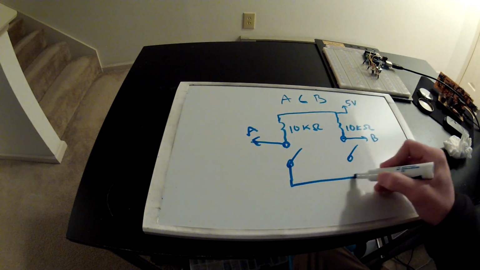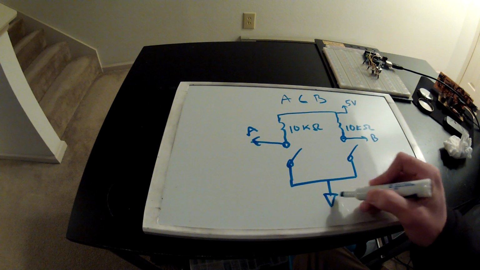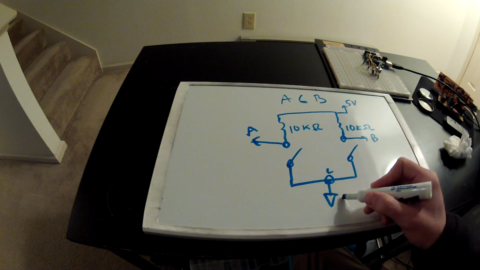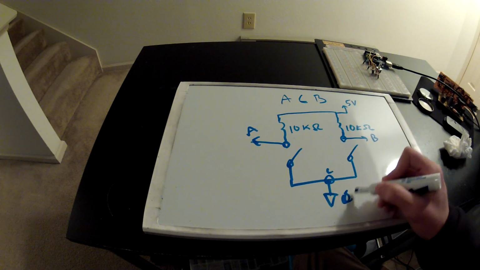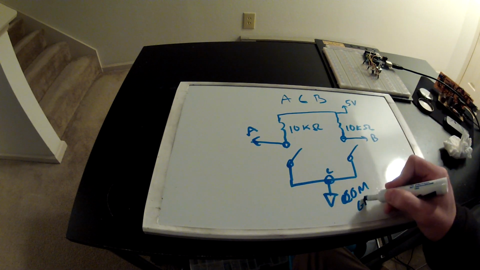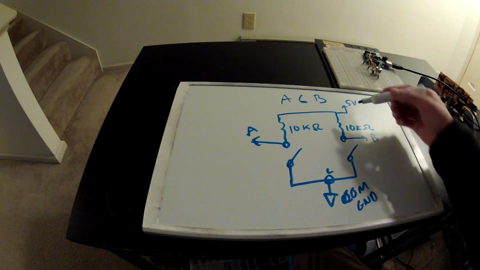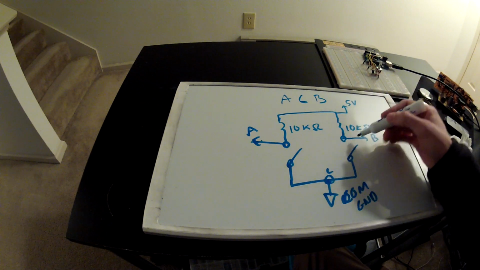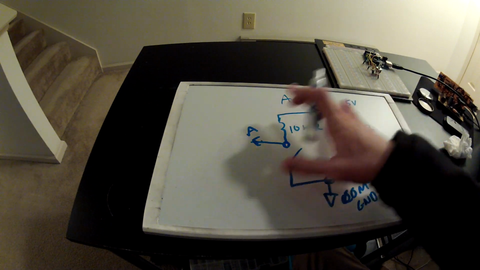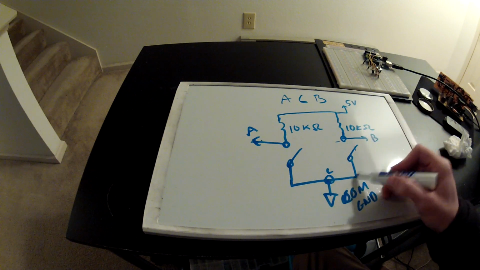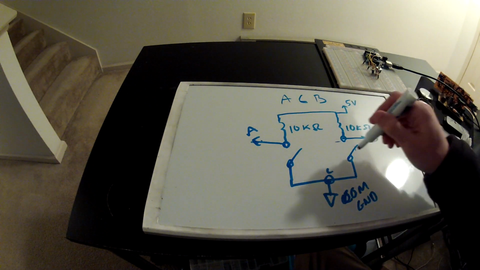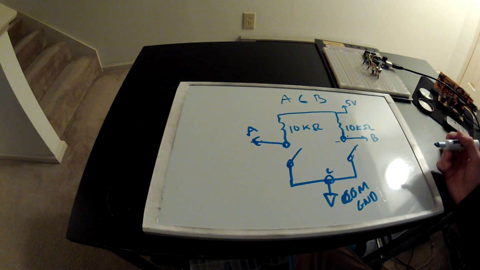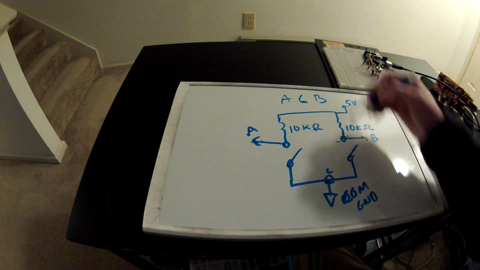Both switches connect to pin C, which would be wired up to the common pin on your Arduino, or ground. So basically your outputs B and A will either be pulled up high, or when the switch is closed internally to the encoder, it pulls that signal to ground. Now, who knows what is actually happening here? I don't know the specifics of what's inside that encoder. But for now, we'll just assume it's either high or low.